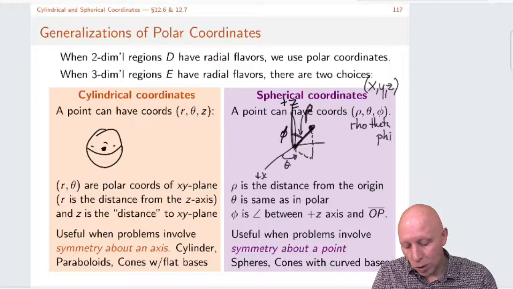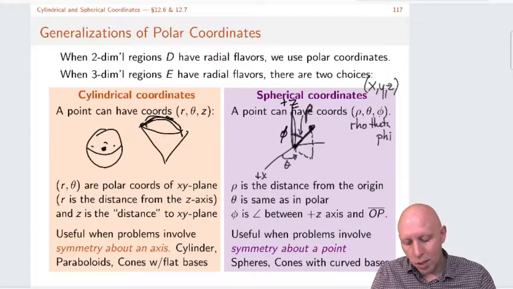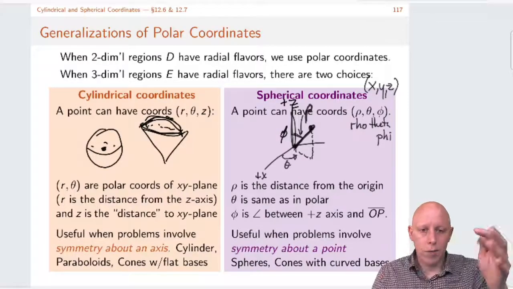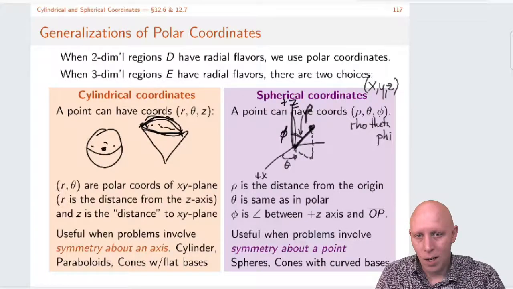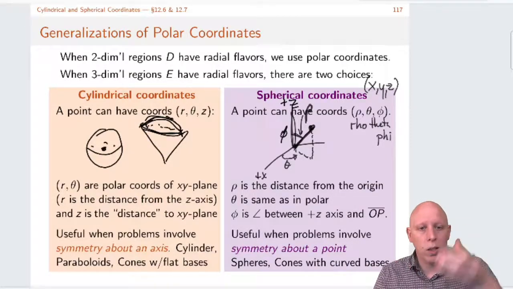A cone that has a curved base, so instead of what we were talking about with cylindrical coordinates, now we're talking more like an ice cream cone, where it's a part of a sphere that's cut out by a cone-like direction.